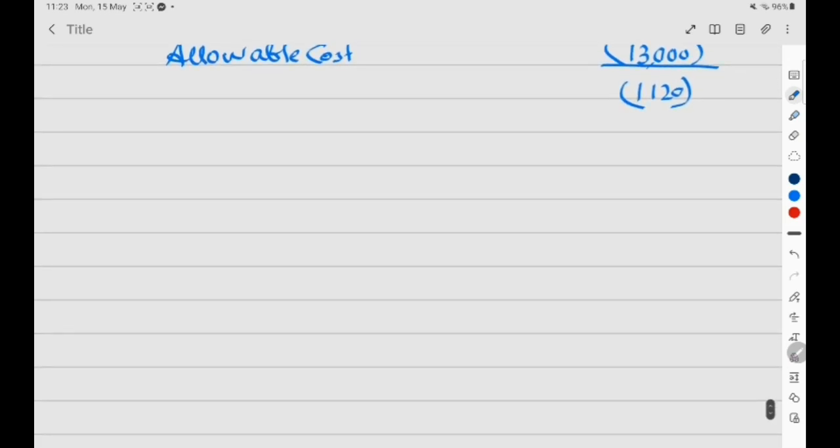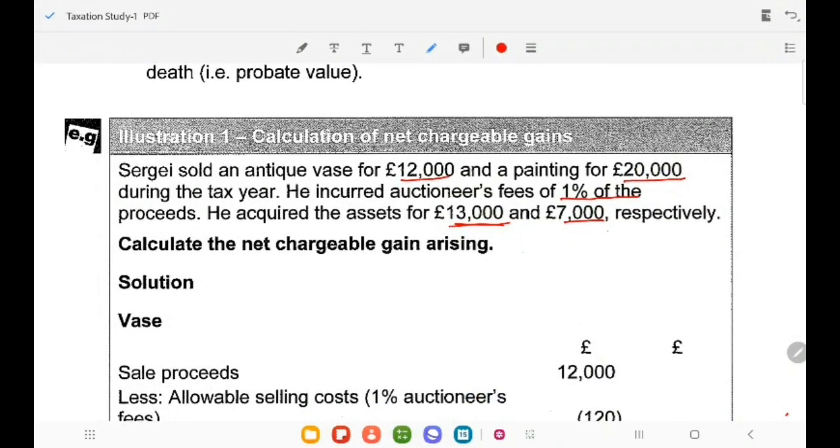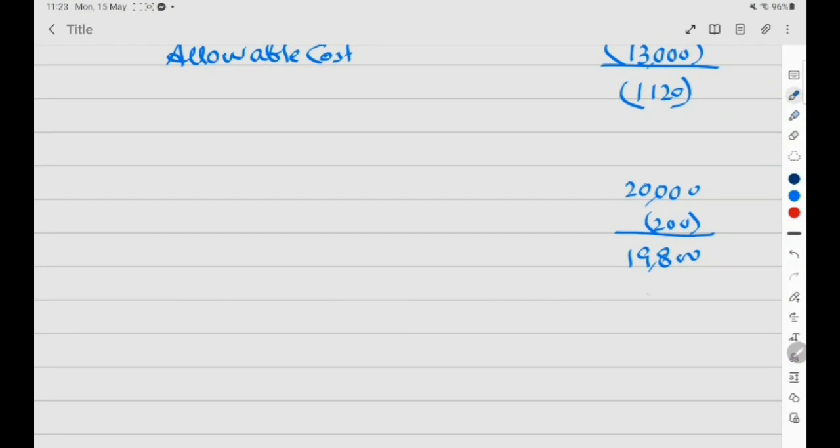For the second, the painting was sold for 20,000, the commission is 200, so the net disposal proceed is 19,800. That painting was purchased for 7,000. So when 7,000 is deducted from there, there is a gain of 12,800.